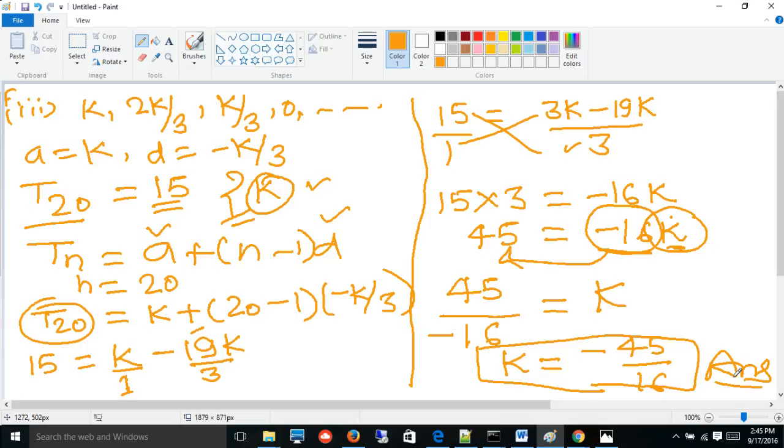This kind of question is very important, and I remember when I was in school, I used to get this kind of question in my examination. So k comma 2k by 3 comma and the term is given. So use Tn equal to a plus n minus 1 into d and then solve the question step by step.